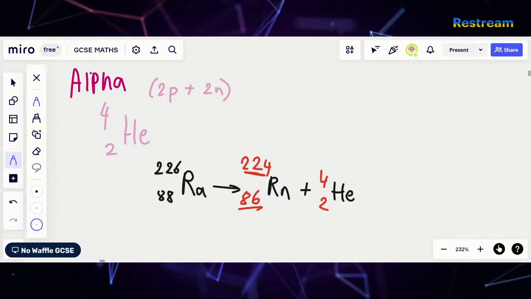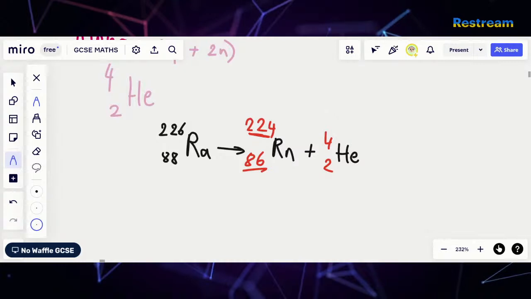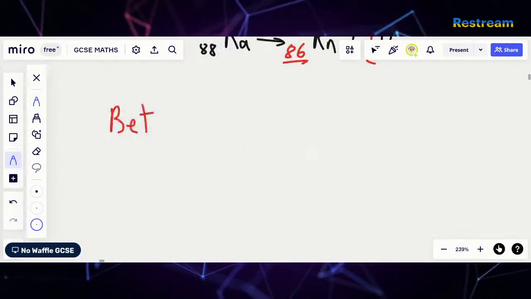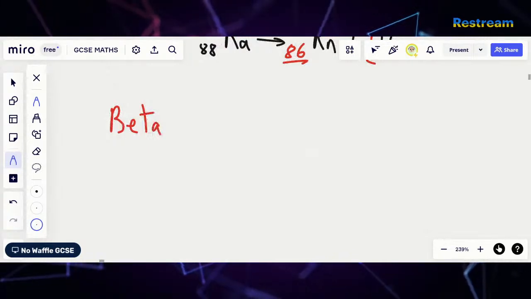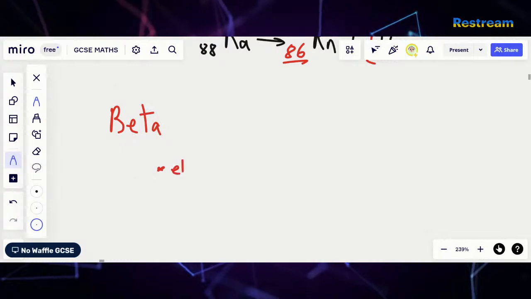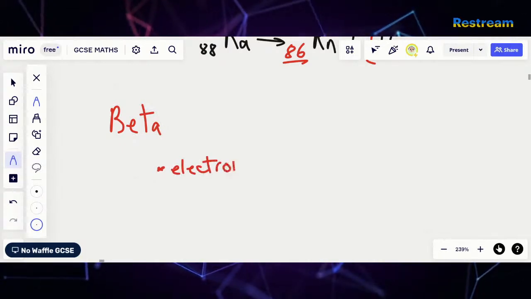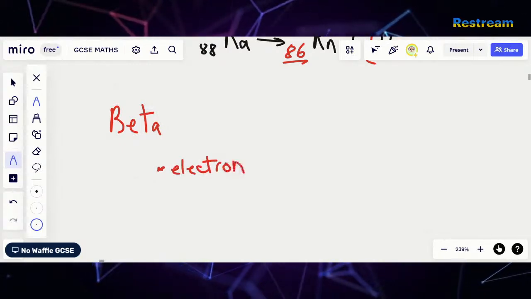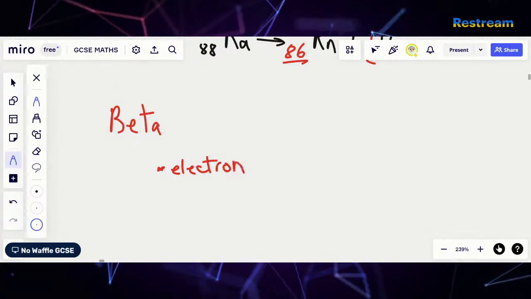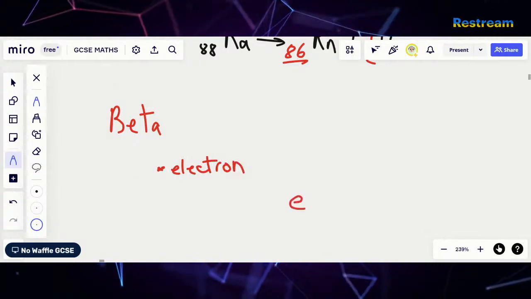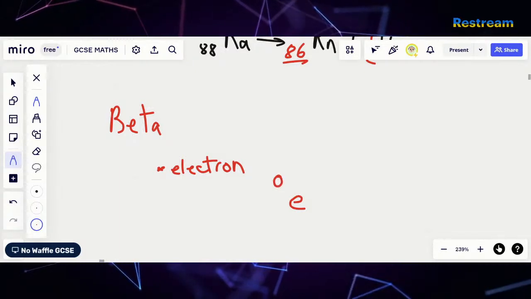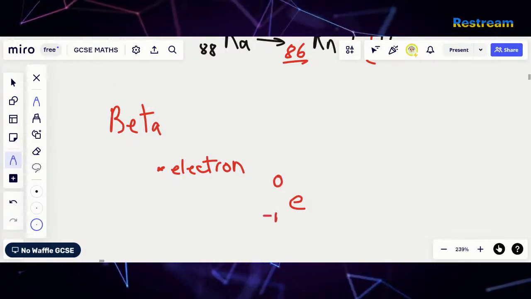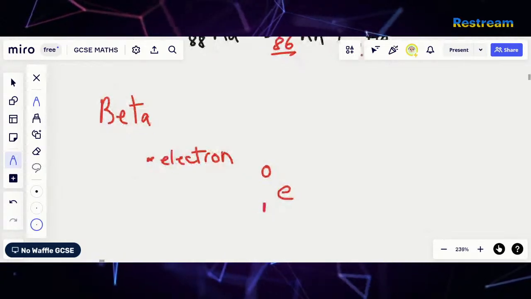When we're looking at beta radiation decay, hopefully that makes sense. I know it may be confusing. We know that beta is a very high speed electron, and it is ejected from the nucleus. An electron has the mass number of 0 because it's not made of protons or neutrons, and has the -1 charge.